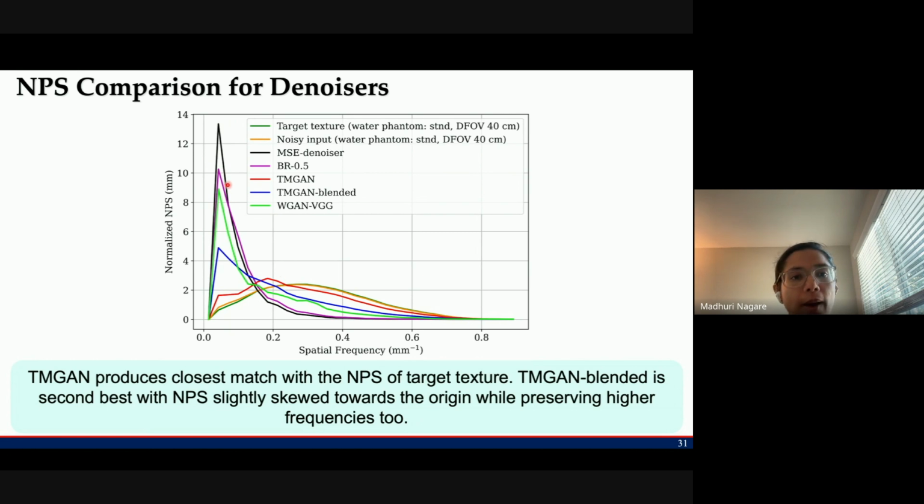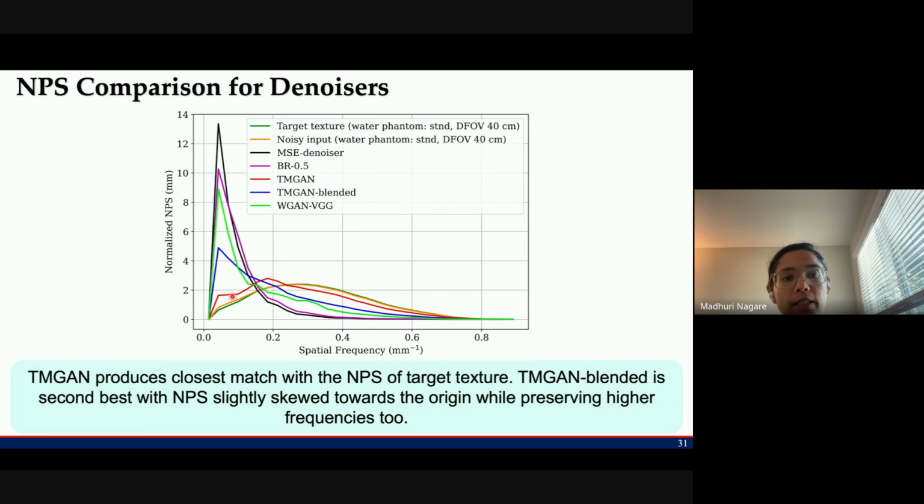As we saw, the bias reducing loss function gets slightly more of the higher frequency component, and WGAN VGG still gets better higher frequency components, but it is still a lot more skewed to the DC frequency.